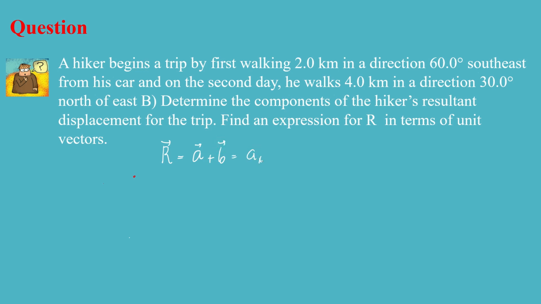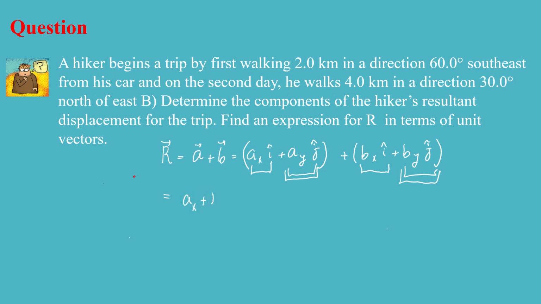My A is AX I plus AY J, and my B is BX I plus BY J. As you know, AX can only be added with BX, because they must have the same unit vector, and AY can only be added with BY for the same reason. So I add them together in the X direction, AX plus BX, and then AY plus BY in the J direction.